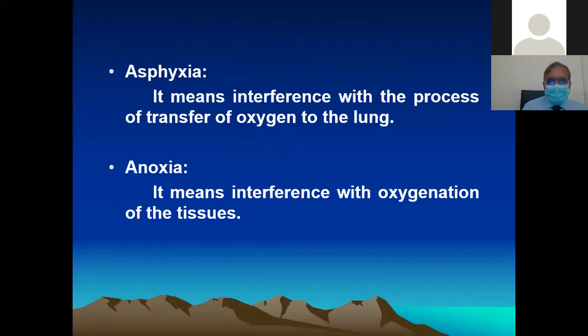By definition, asphyxia means the interference with the process of transfer of oxygen to the lungs. The oxygen entry into the lungs is being interfered. Anoxia may be defined as interference with the oxygenation of the tissues.